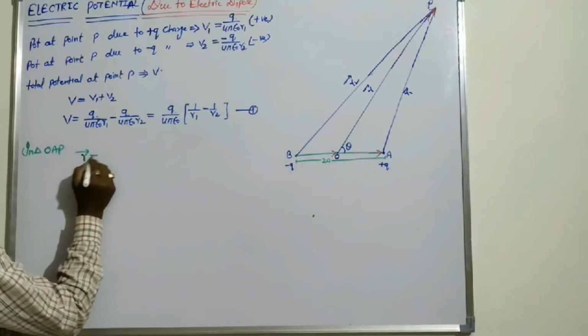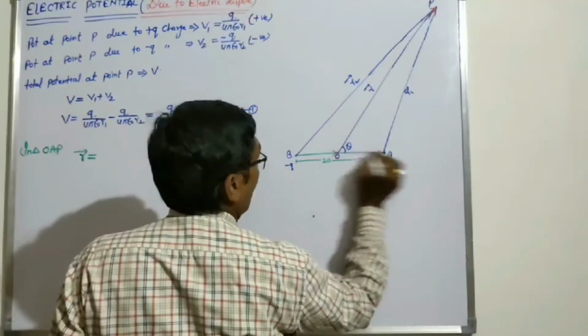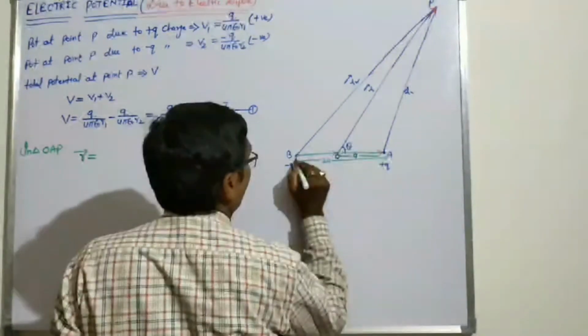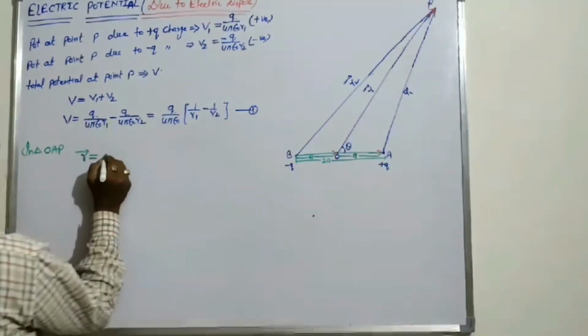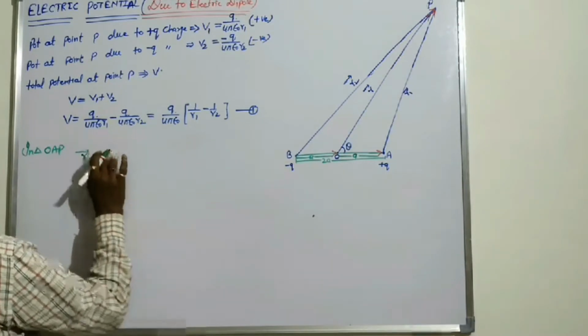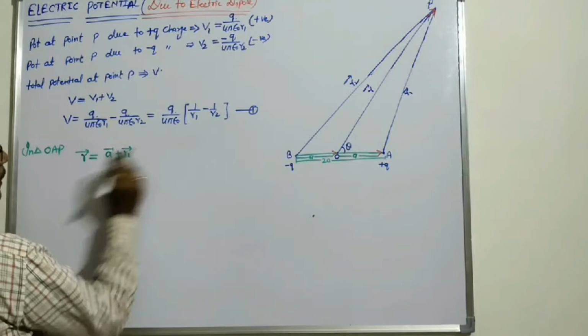Vector R is equals to, this is the vector R, A plus R1 equals to R. Vector A plus R1 vector. Okay.